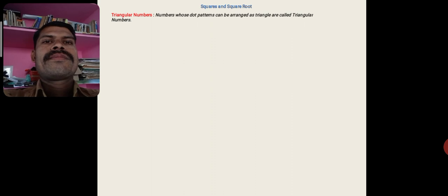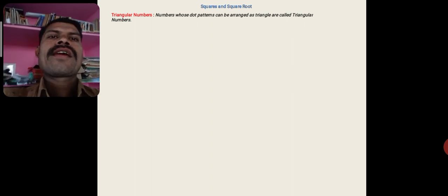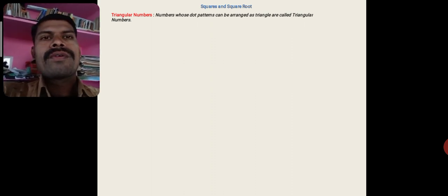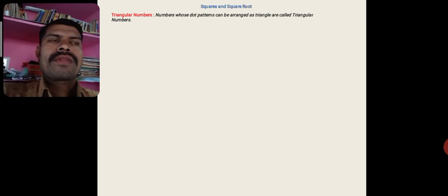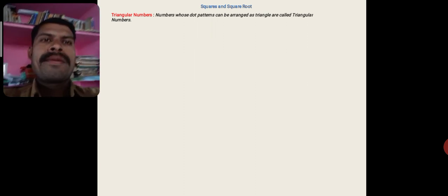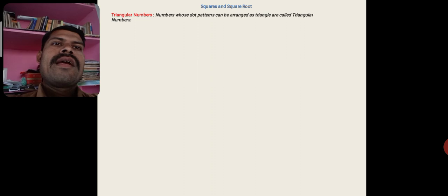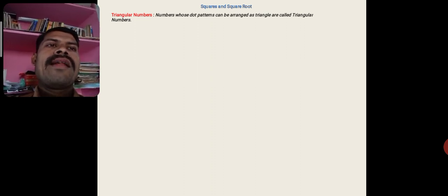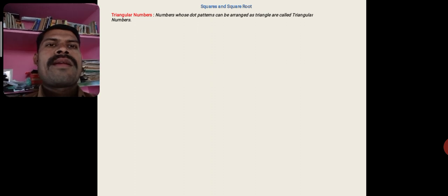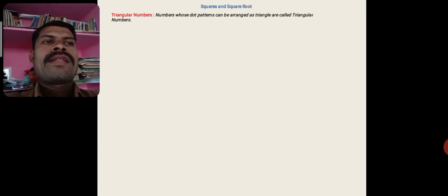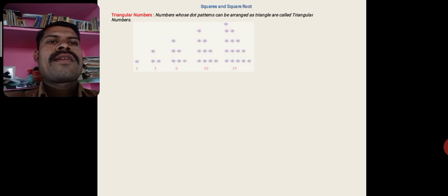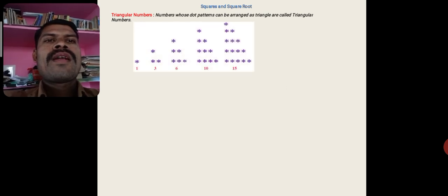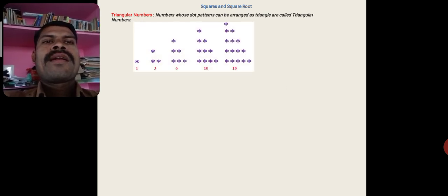Now, understand what are triangular numbers. You may have seen them in your 7th standard. Numbers whose dot patterns can be arranged as a triangle are called triangular numbers. For example, you see the dot pattern of these numbers here. 1. In the second pattern, 3 dots are there.